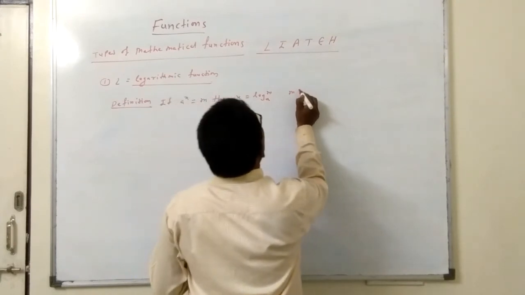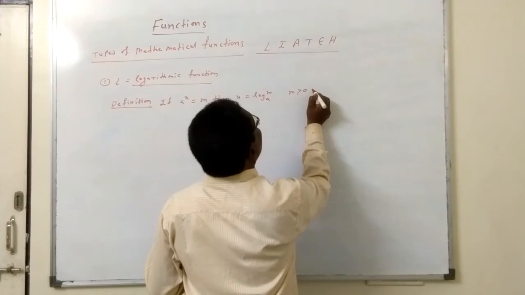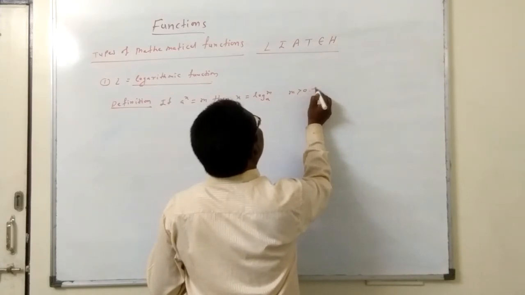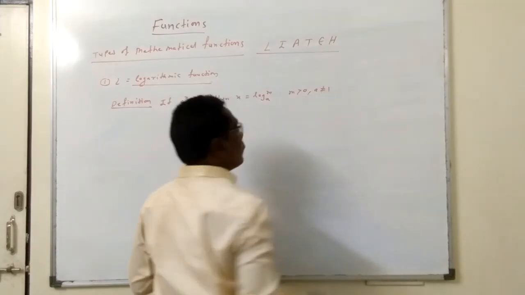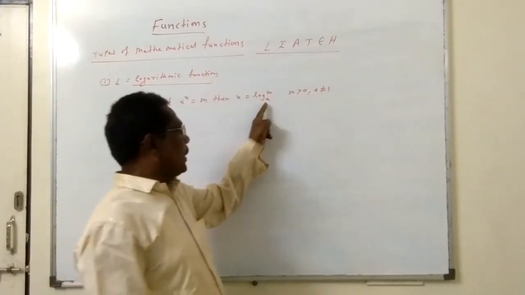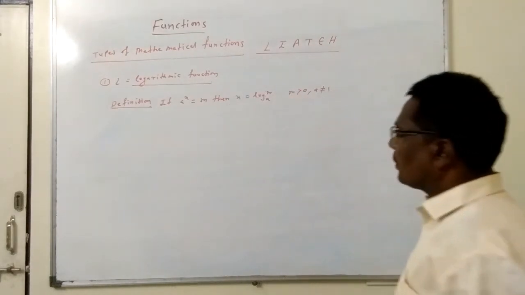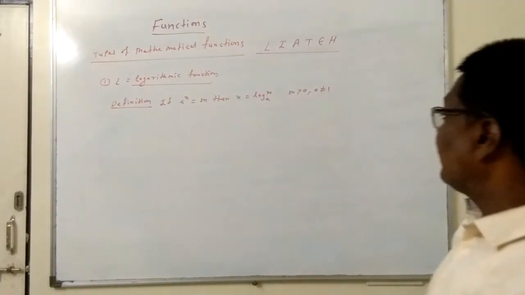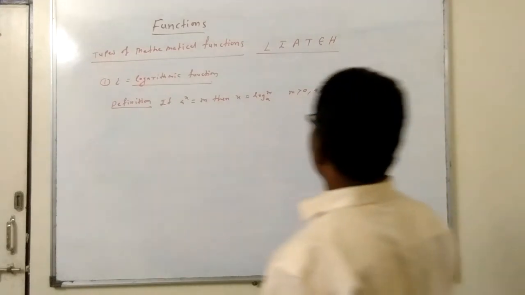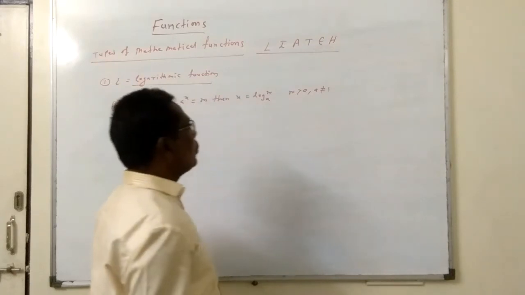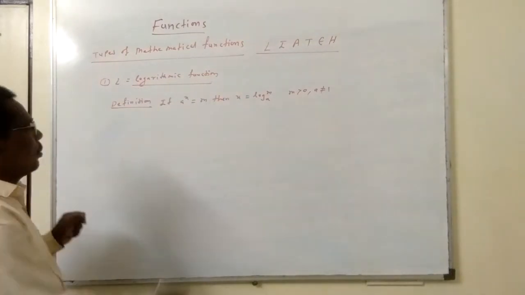Here m is greater than 0, not less than or equal to 0, and a is not equal to 1. So a is the base, and m is the argument of that logarithmic function. a is any value other than 1, and m is always greater than 0. This is the fundamental definition of the log.